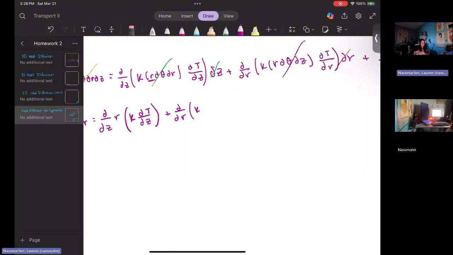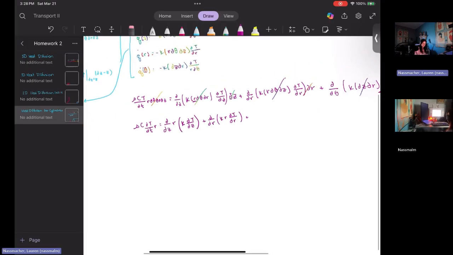Now, in this case, you can't take out r because it's going to have a derivative since we have this little number right here. And then we're also going to add our change in theta.